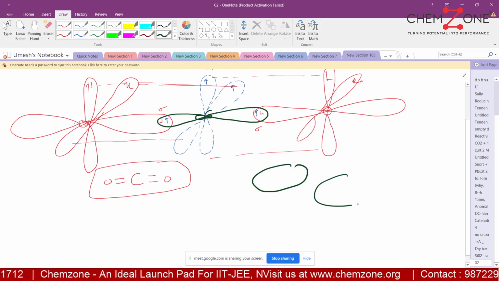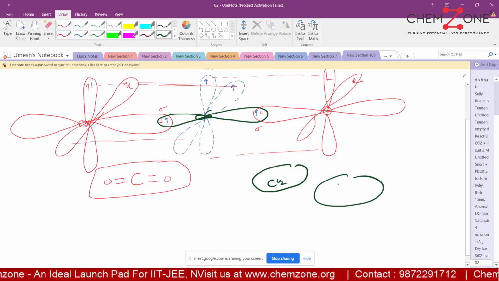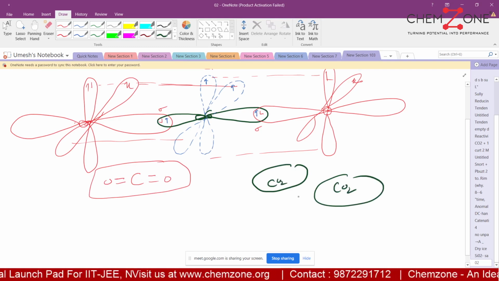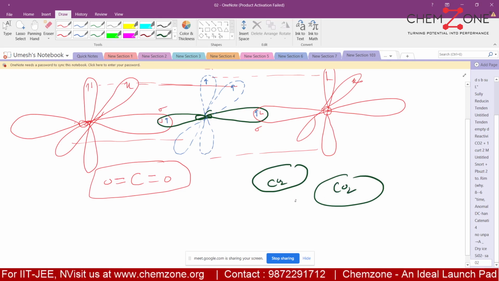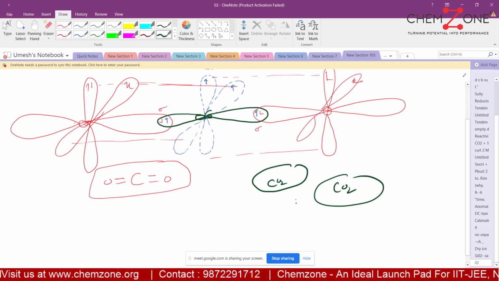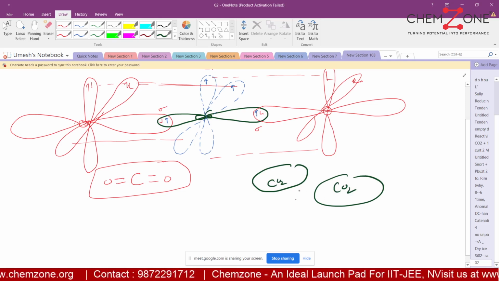So between two molecules of carbon dioxide, no interaction is possible. With high pressure and low temperature, the gas can be liquefied.